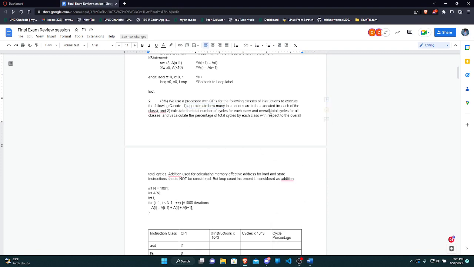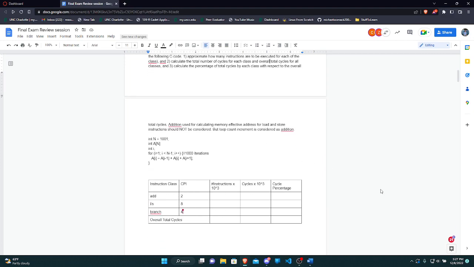Calculate the total number of cycles for each class and the overall total cycles for all classes. Calculate the percentage of total cycles by each class with respect to overall total cycles. Addition used for calculating memory address for load store instructions should not be considered, but loop count increment should be considered.